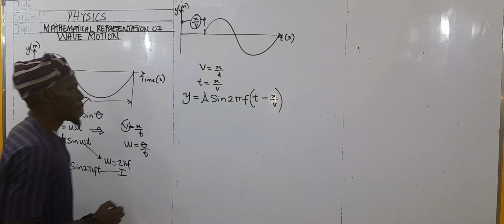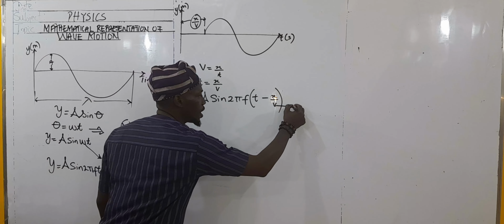Alright, but we know that v, which is the speed, is f lambda, right? So I'm going to put y equals A sine 2 pi f, we will write t minus x over f lambda. If I open the bracket, I will have A sine 2 pi f t minus 2 pi f x over f lambda.